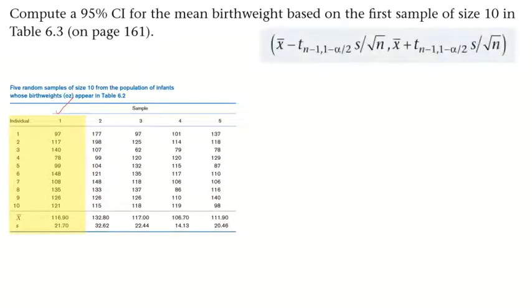So again, we go back to this expression. This one is based from your t distribution. And what we need to do is simply replace the correct variables with the correct values, and then we will be able to get the confidence interval.